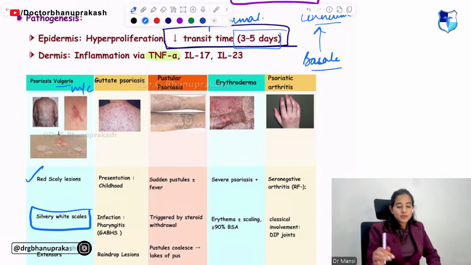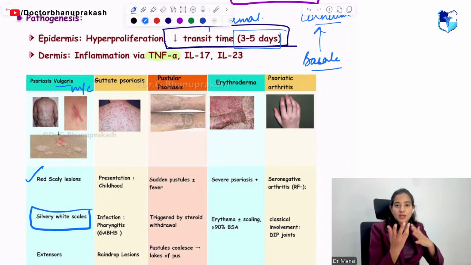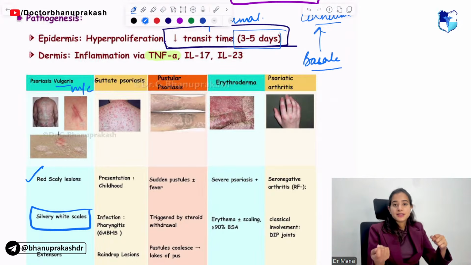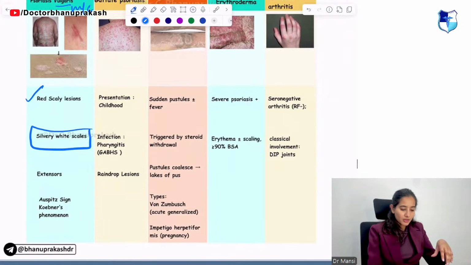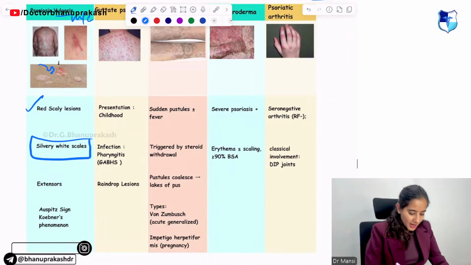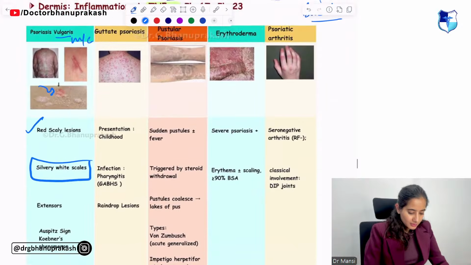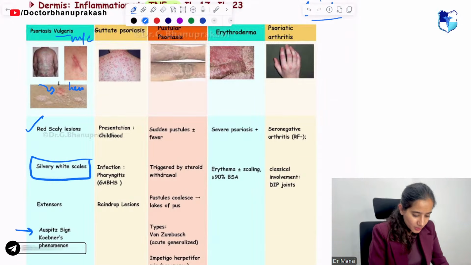So if a patient of psoriasis vulgaris comes and you scrape off the lesion with a glass slide, what you get is silvery white scales. And later on, what happens? You scratched and you got a membrane, and then you get these hemorrhagic points.